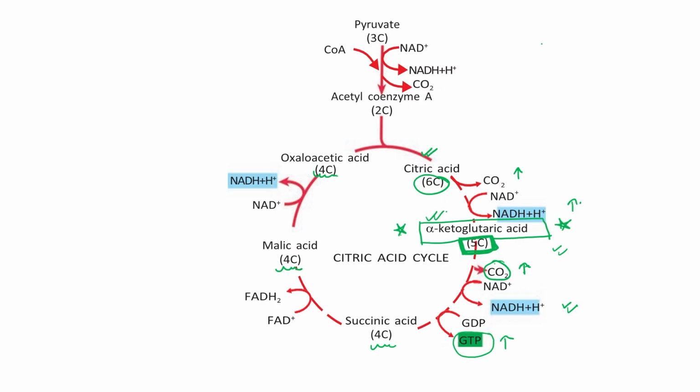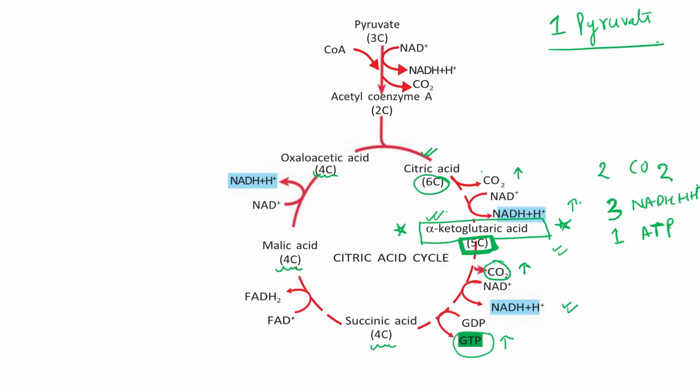So from 1 molecule of pyruvic acid or pyruvate, 2 molecules of carbon dioxide, 2 molecules of NADH, and 1 molecule of ATP or GTP have been produced. Not 2 but 3 molecules of NADH from 1 molecule of pyruvate during the Krebs cycle.